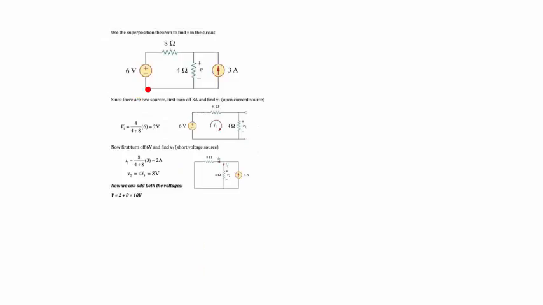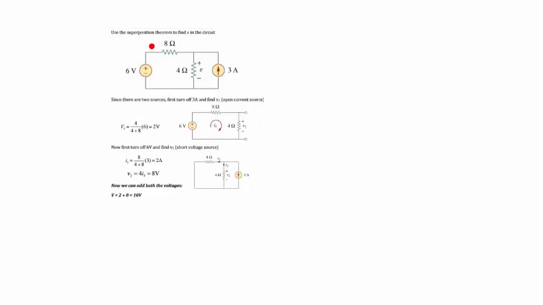You only turn off the independent sources, except one source. Then you find either the voltage or the current using either mesh or nodal. That is up to you, because that is the application part of nodal and mesh. So that is for superposition.